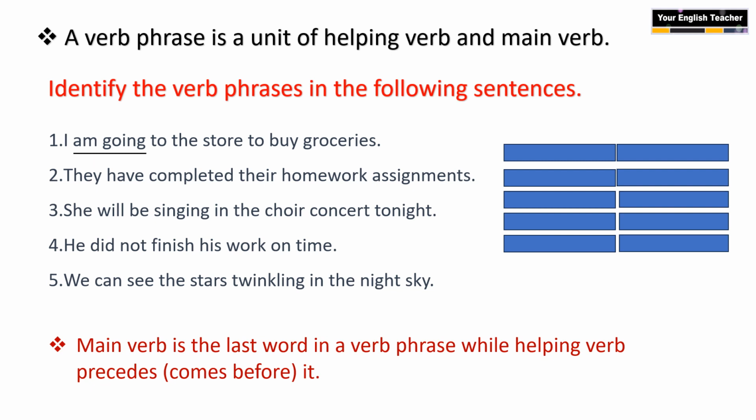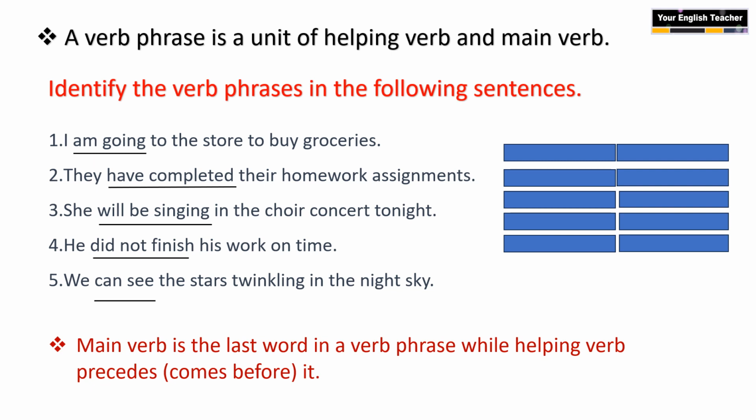In the second sentence, have completed. Have is the helping verb, completed is the main verb. In the third sentence, will be singing. And in the fourth sentence, did not finish. And in the last sentence, can see.